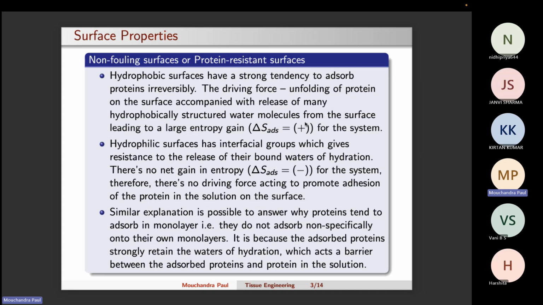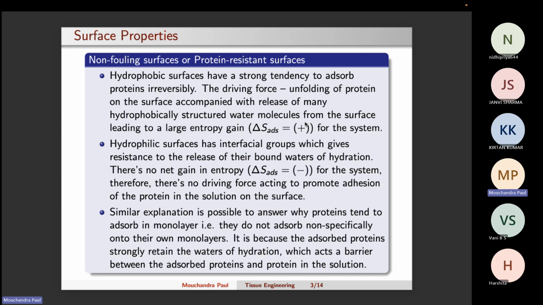On the surface, some water molecules are hydrophobically attached. Hydrophobic interaction is a weak bond, so when the protein in the solution comes close to the surface, these water molecules are very happy to leave.